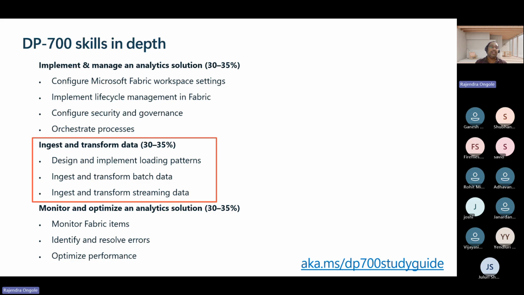There is no negative marking, but concept-wise we are going to get 30 to 35% on the ingestion part, because there are multiple ways to import data into your lakehouses, and from there you can take it forward and do the transformation operations as per the business requirements. The remaining part will be covered in further sessions like monitoring and optimization, and maybe the last, Anusha is going to take the DP-700 preparation part.